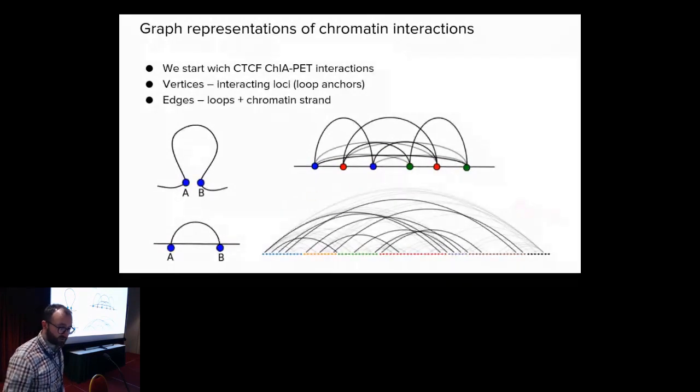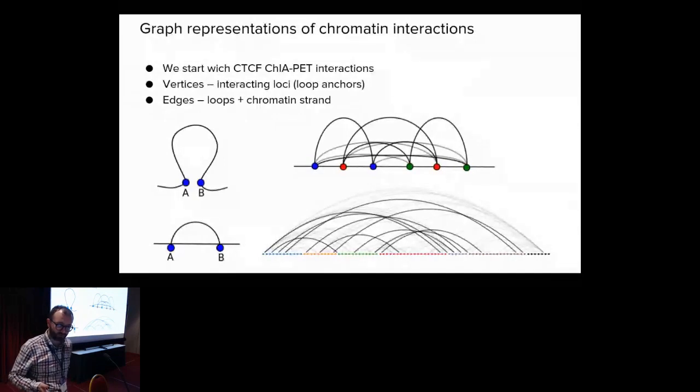One more thing that we do is that each vertex has particular coordinates. We also arrange those vertices on a straight line and add an edge between the consecutive vertices, thus forming the graph representation of the actual chromatin strand. In this way, we obtain a graph representation of the loop-induced structure, which is a single connected graph.